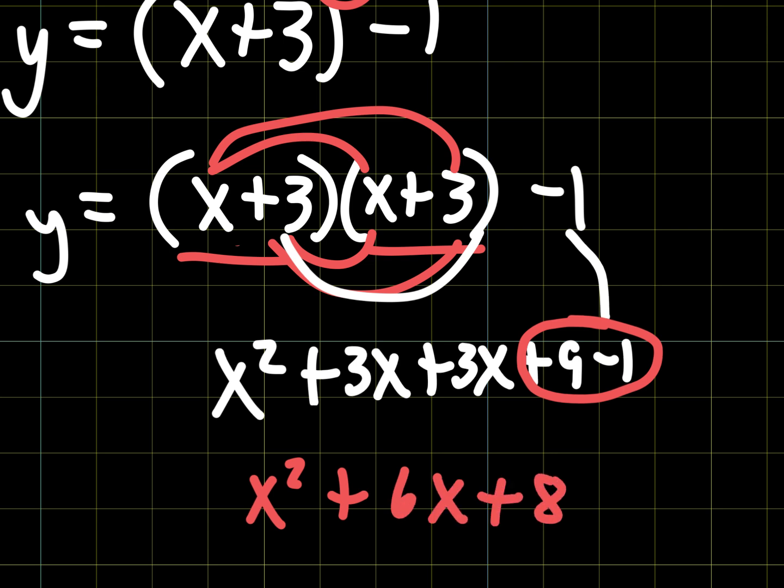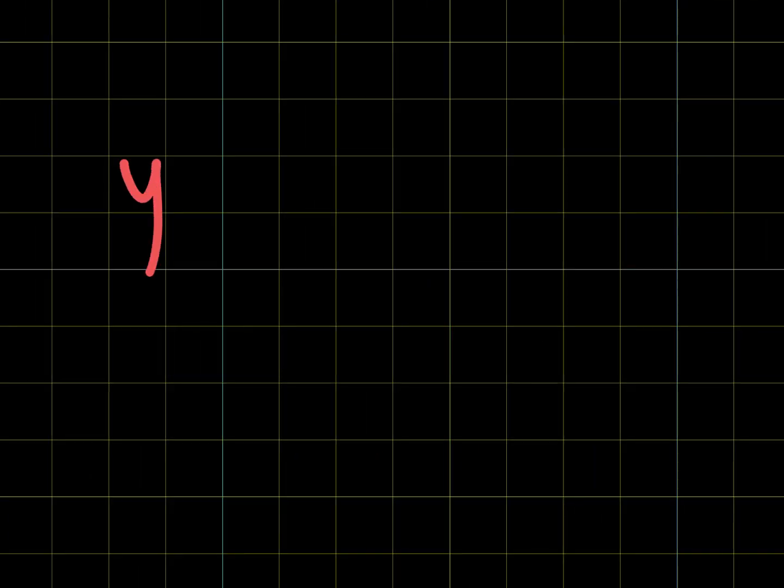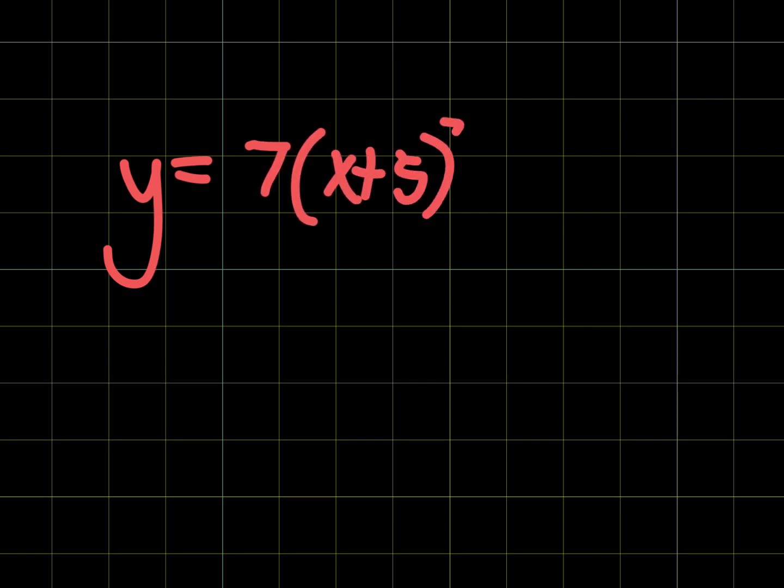Now, I know some of you got that right, and that's fantastic, but can you do it when there's one more step? Because there's something called a scale factor. You didn't want this class to be super easy, did you? So can you do it when there's a 7 there? Give this a shot.